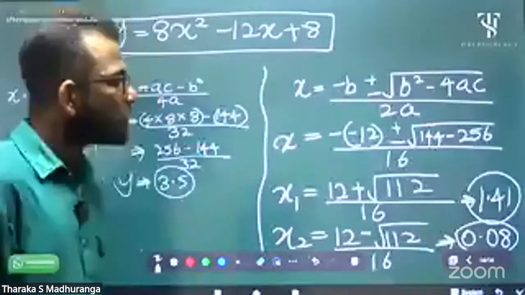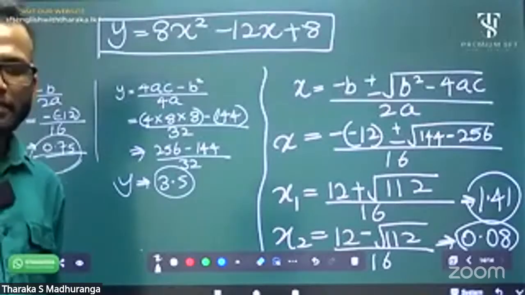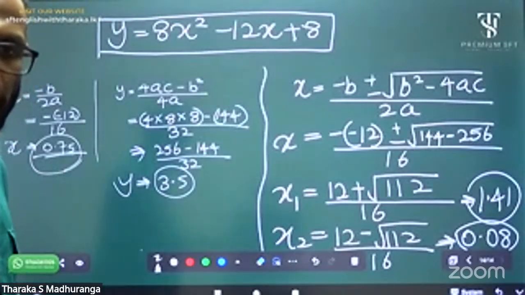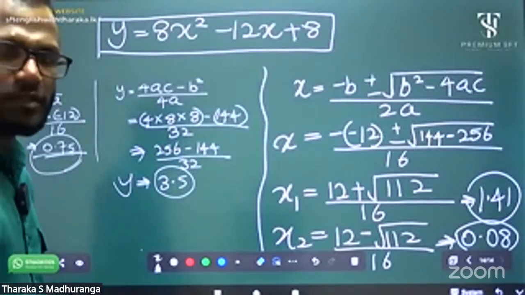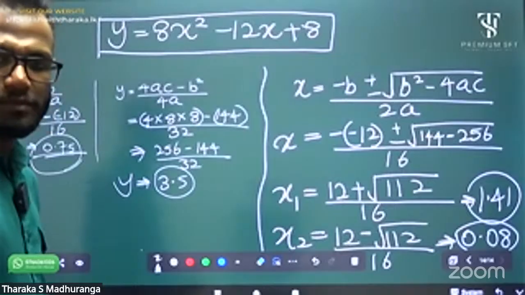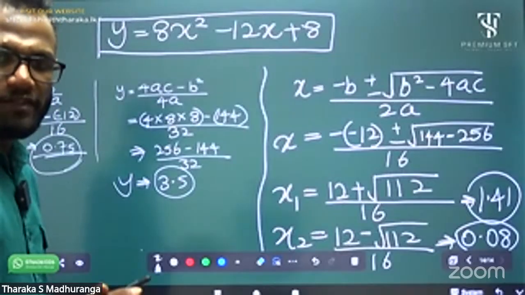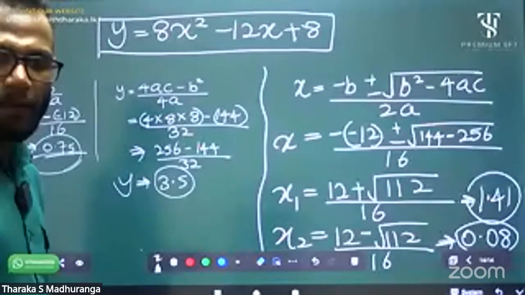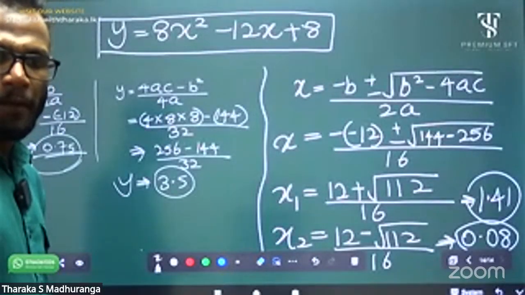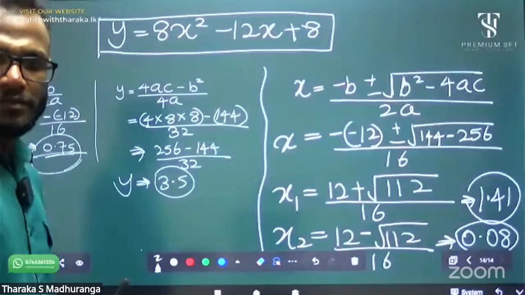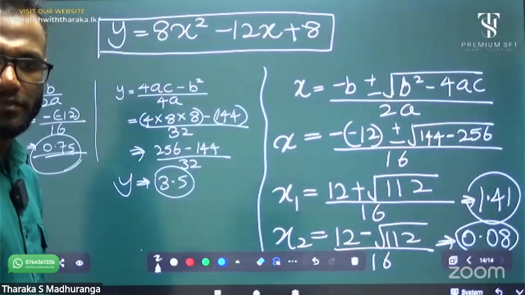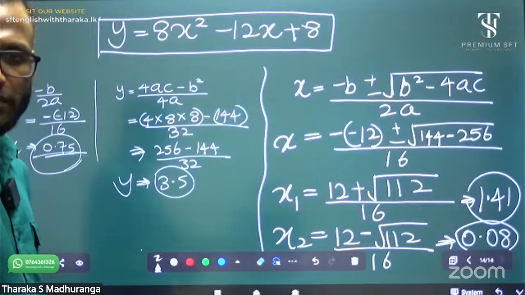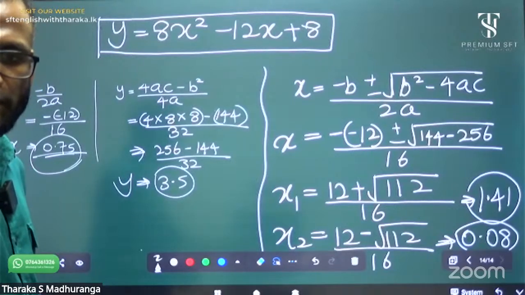Correct, good. Kabir, correct? Amina, correct? Up to now, turning point coordinates and x-axis cutting point coordinates. Good.